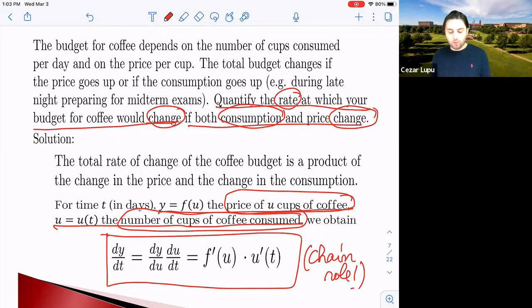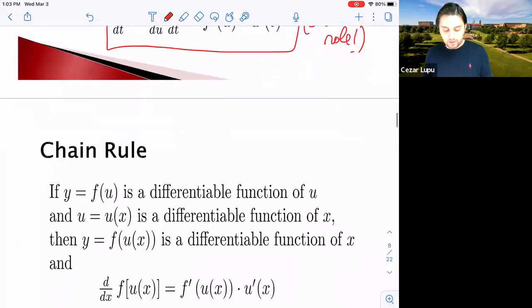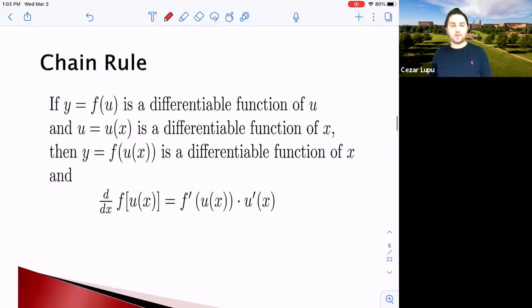So in other words, let me just say explicitly, the chain rule here: if y is a function f of u, a differentiable function of u, and if u is a differentiable function of variable x, I'd like you to pay attention, because y is a function of u, but also u inside is a function of x.